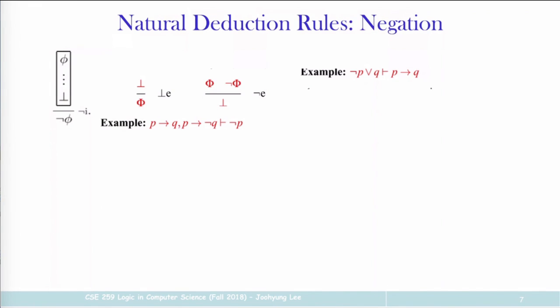So what we didn't do is the negation rules, right? So the last rule of the proof strategy I skipped. That's what is shown here. So there are two rules about negation here.